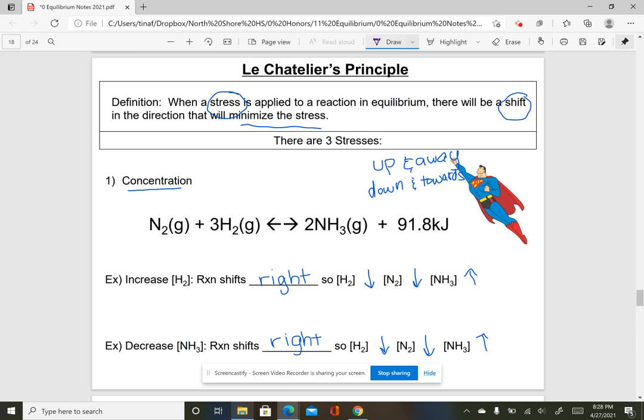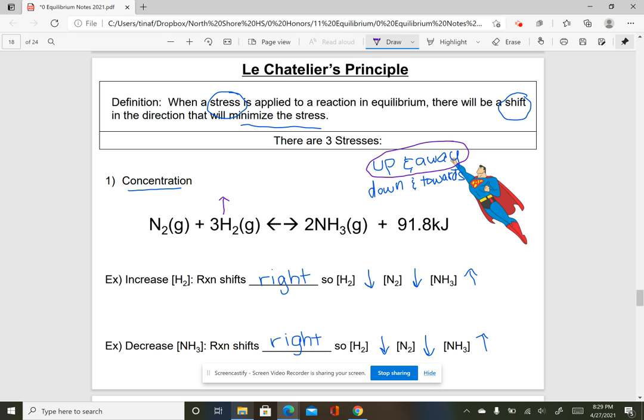Okay. So what you can do to make sure you chose the correct direction is you can say, all right, whatever the stress is. So let's look at the first example. If I increase H2, you'd want to find H2 in the reaction and you'd want to put an up arrow towards it. Up goes with away.